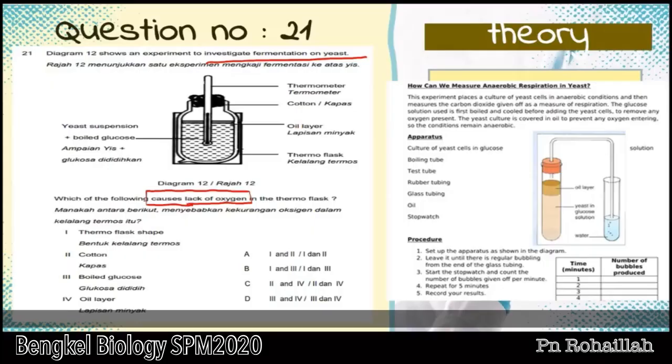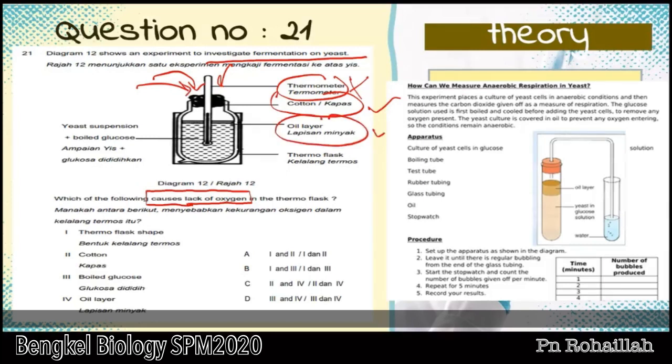Which kind of the apa panggil apparatus materials yang you guna tu will cause the lack of oxygen? Is it thermometer? Tak ada kaitan. Okay. Is it the cotton? Of course lah. Sebabnya the oxygen come from outside. Can the oxygen come into? Mungkin lah ada sikit-sikit kan. Okay, boleh. And then oil layer?